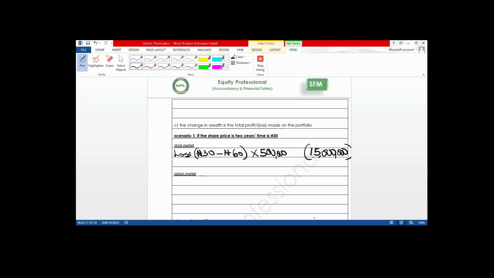Assuming you are the investor, you have obtained a right today to sell your shares at 50 naira per share in 2 years' time. On getting to 2 years, the share price at the stock market happens to be 30 naira per share, and you have a right to sell for 50 naira per share. The question is, will you exercise your right to sell or not?